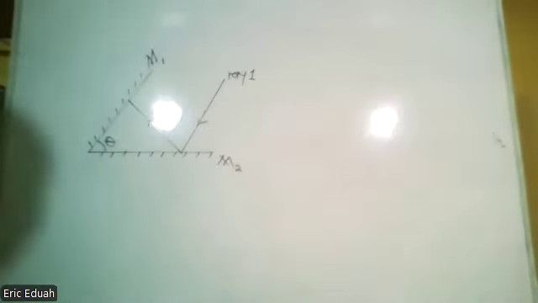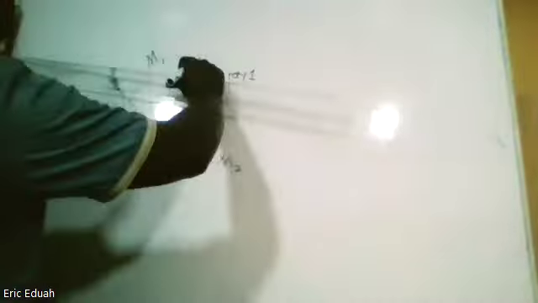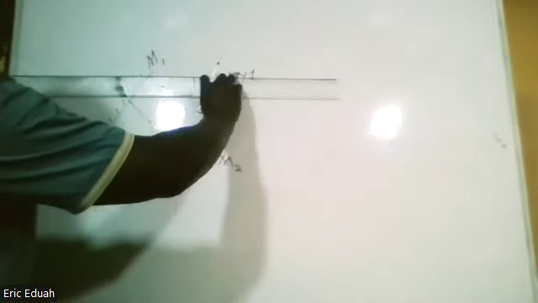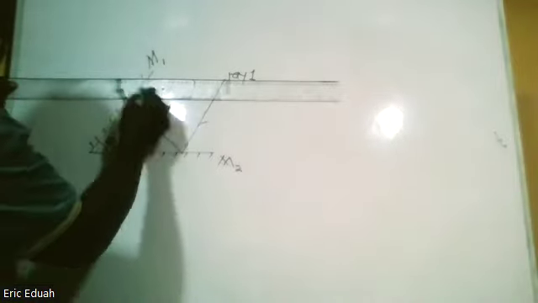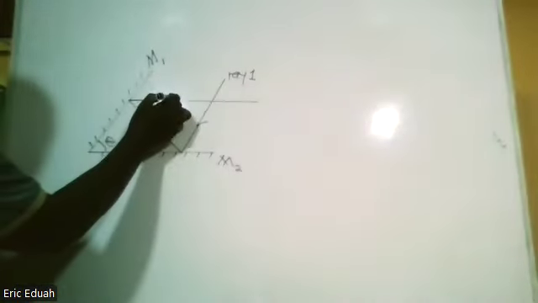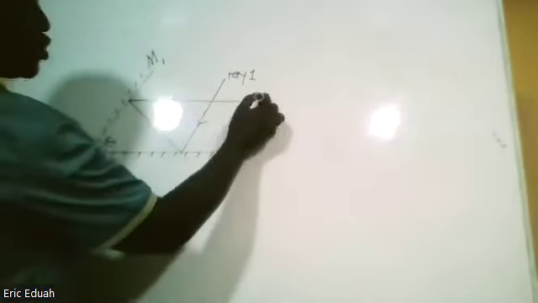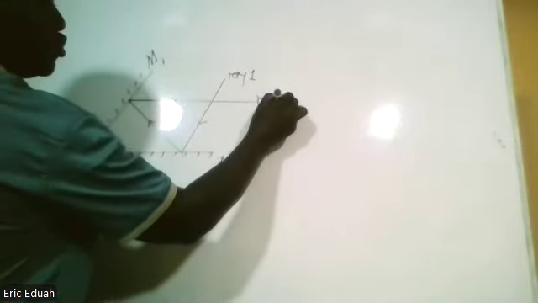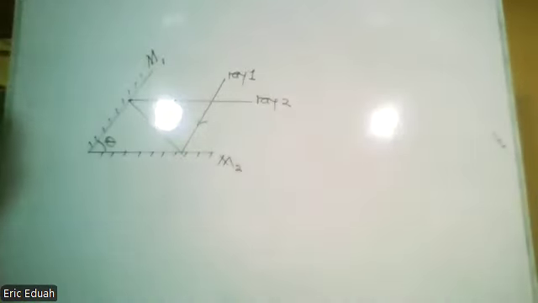So reflection 1, and then during the second reflection, the ray becomes parallel to M2. So this also becomes ray 2. That is the diagram.